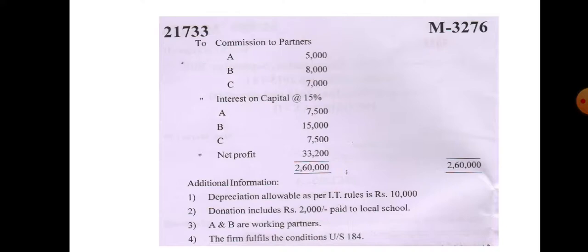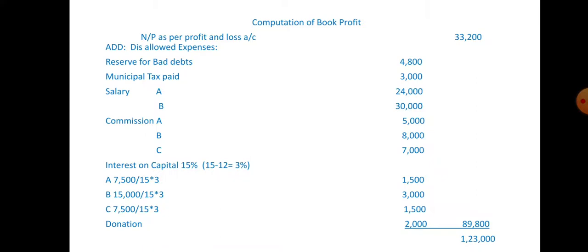So with respect to donation, the total donation given in the profit and loss account is 2,000, and they are telling that 2,000 is with respect to the local school. Any donation given to charitable trusts, institutions, schools, colleges, etc., the firm can claim a deduction under section 80G, that is 50%, but here it is not a business expenditure. So in book profit you have to disallow this donation of 2,000 rupees.